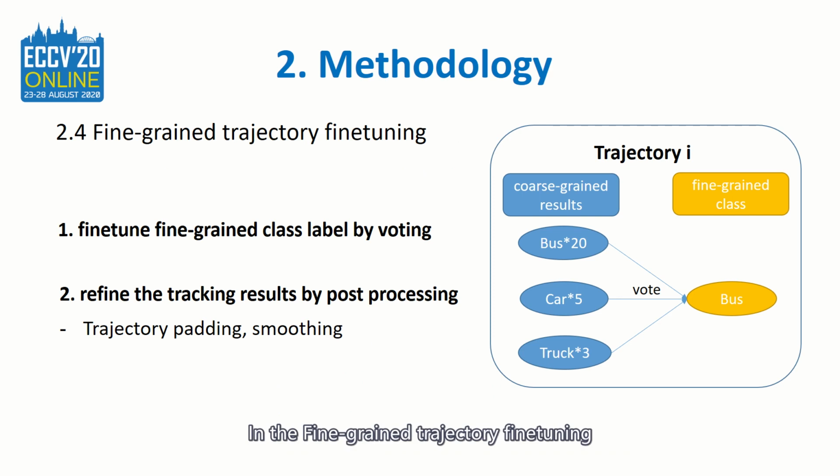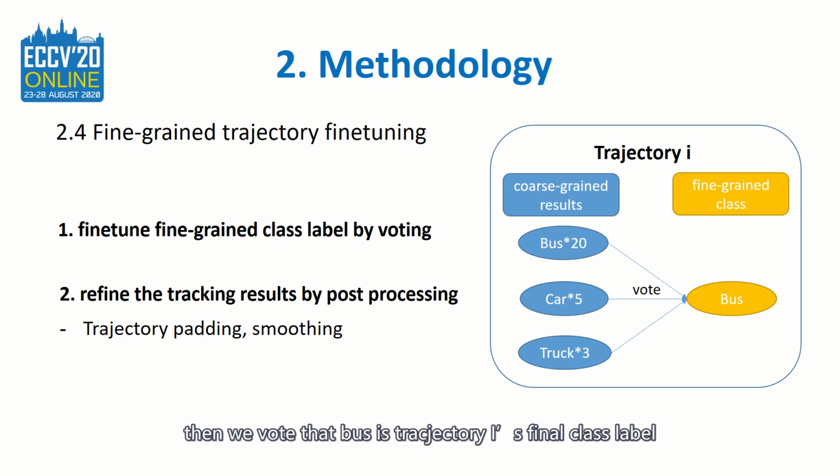In the fine-grained trajectory fine-tuning, we fine-tune its fine-grained class label by voting on the class label of each trajectory according to the coarse-grained results obtained by Module 2. For example, for trajectory I, its class labels include 20 buses, 5 cars, and 3 trucks.